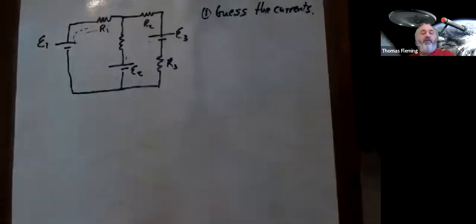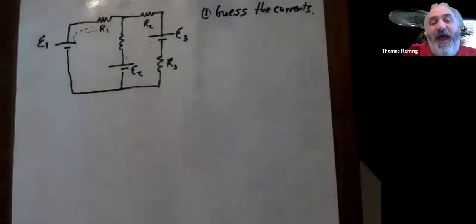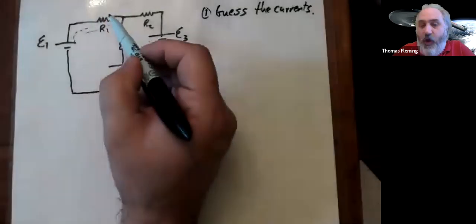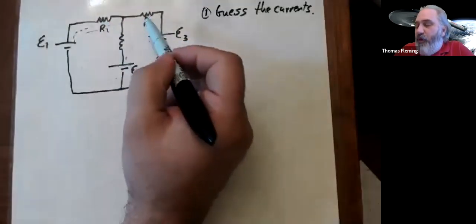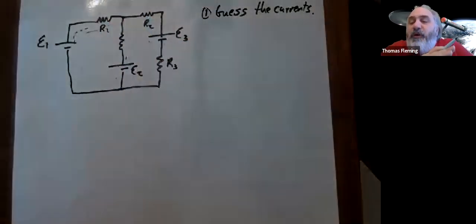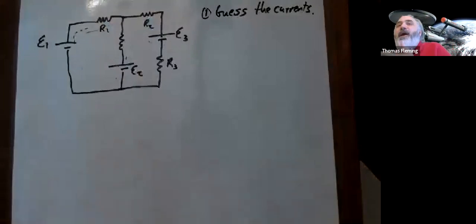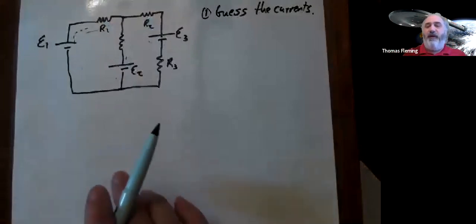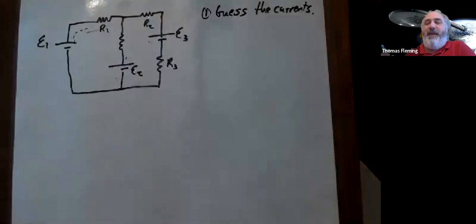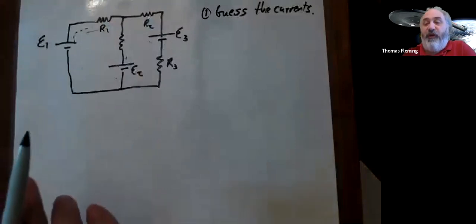So instead of having I1 necessarily being the current through this one and I2 necessarily being the current through this one, what we're going to do is look to see where the current in this circuit will get changed. Where will it alter itself?